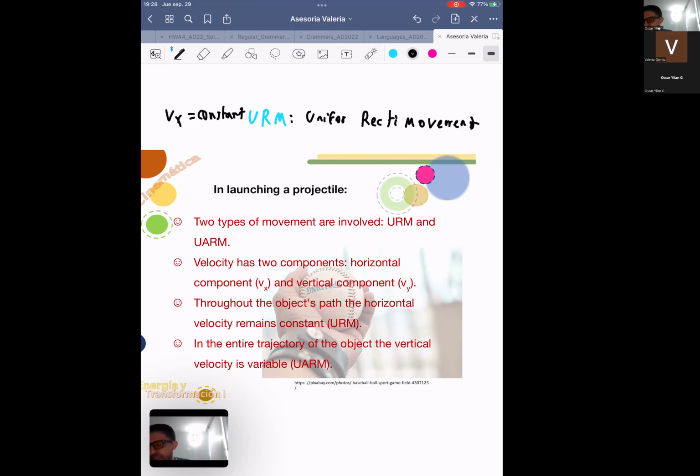And the other one, the uniformly accelerated rectilinear movement, means that the object has an acceleration, and our acceleration is g. Velocity has two components, horizontal and vertical, as we said.